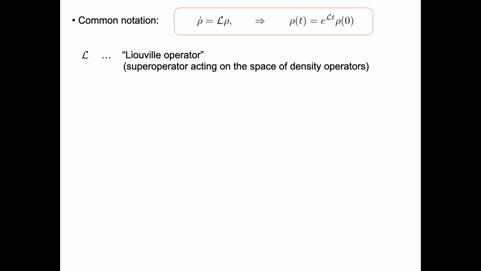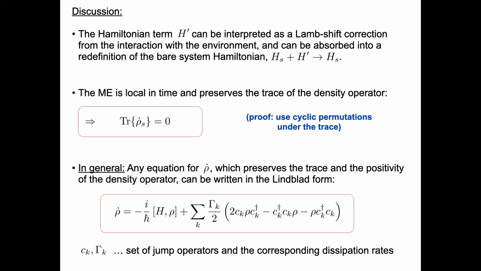Something you have to realize when you look at this equation, because it's a new type of form with all these operators acting from left and right on the density operator, is that we have rho dot on the one side and rho on the other side.